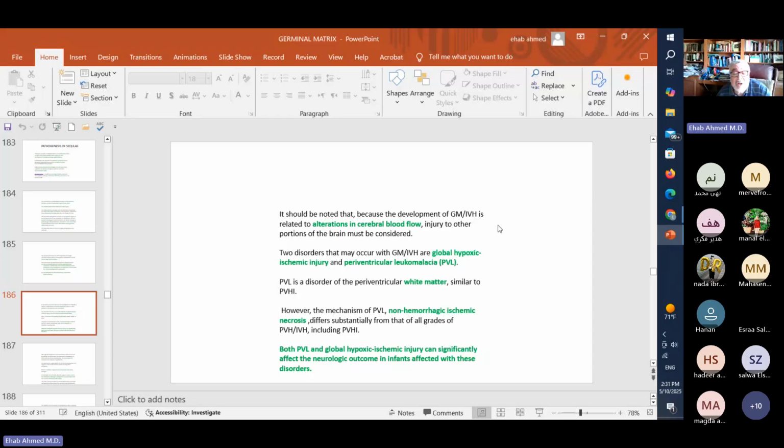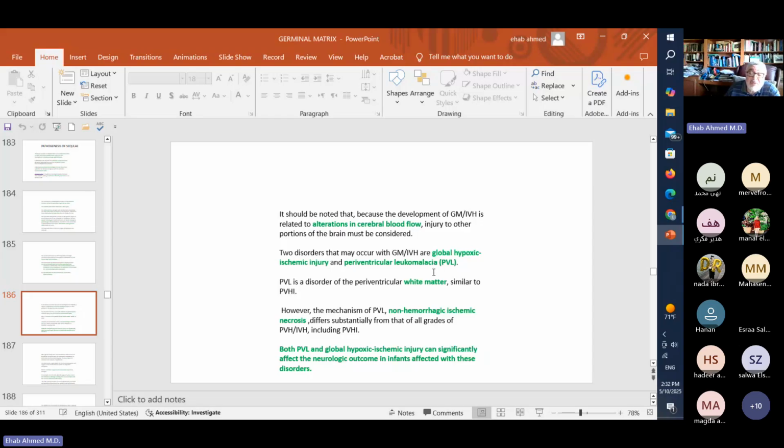Okay. Alteration in cerebral blood flow also will lead to global hypoxic ischemic injury to the whole brain. So the same pathology that initiated GM-IVH will also affect the rest of the brain. And that's why you might find PVL. PVL is a totally different pathology and different entity, but it could be associated with the GM-IVH, but it is not a complication of GM-IVH.